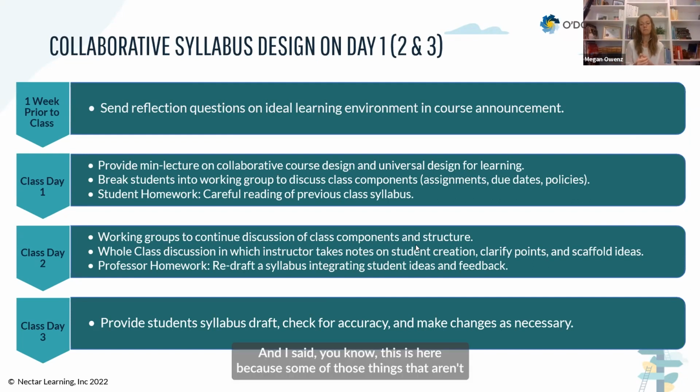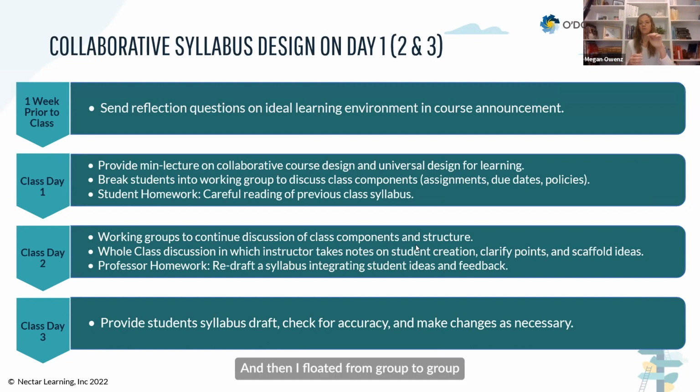And I said, this is here because some of those things aren't going to change, like the course description and objectives and the university policies that are in that syllabus. And then all of the things that can change, right? So assignments and all, here's what was done before. We don't have to do it the same, but this gives you some ideas. You can read this closely and go through this.